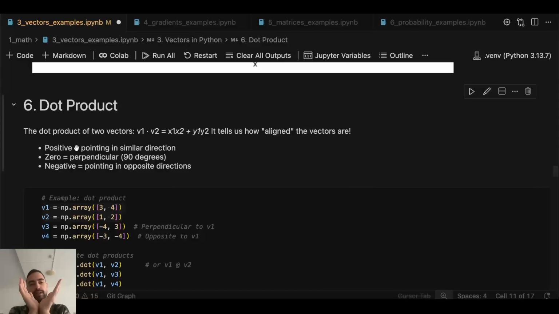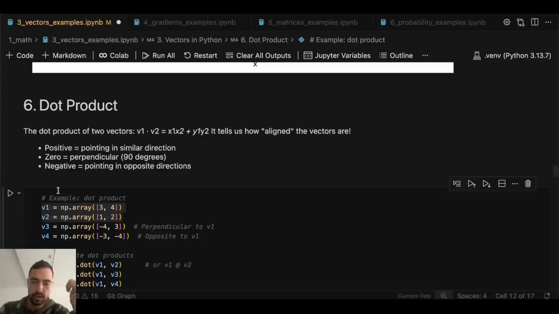I'm going to talk about this in a different part of the course. So just know that if vectors are 90 degrees between each other, they will have a dot product of 0. And if you have a dot product of 0, that means the vectors are 90 degrees. And if the dot product is negative, then the vectors are even further away than 90 degrees between them. So they are even more different or dissimilar.